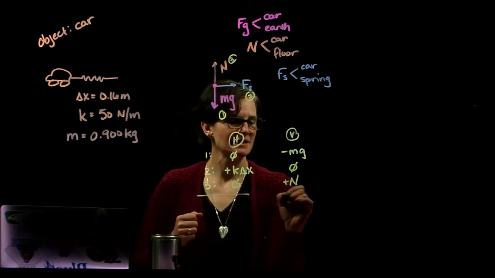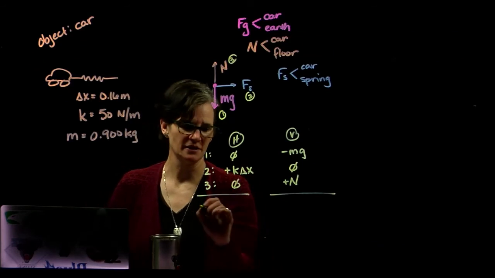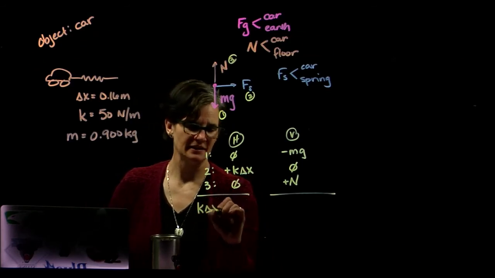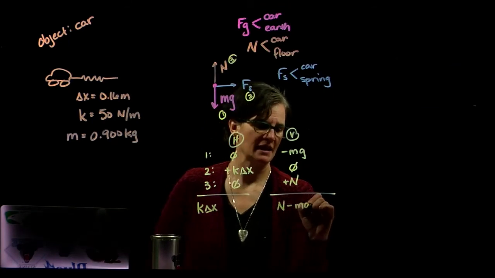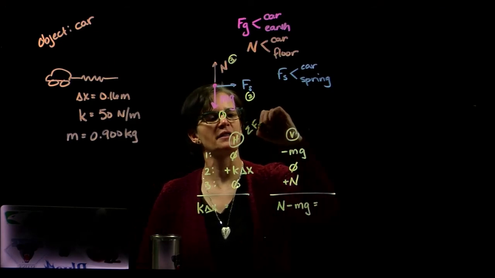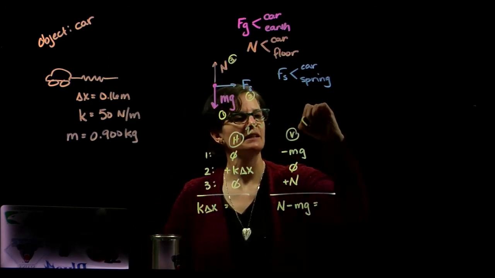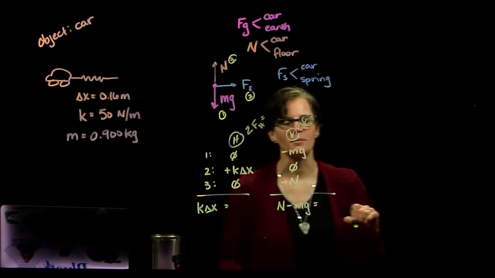Okay, the next step is to sum our forces. So in the horizontal direction, we have k delta x, and in the vertical direction, we have N minus mg. And if we apply Newton's second law, we know that the sum of the forces horizontally and the sum of the forces vertically are represented by those sums.